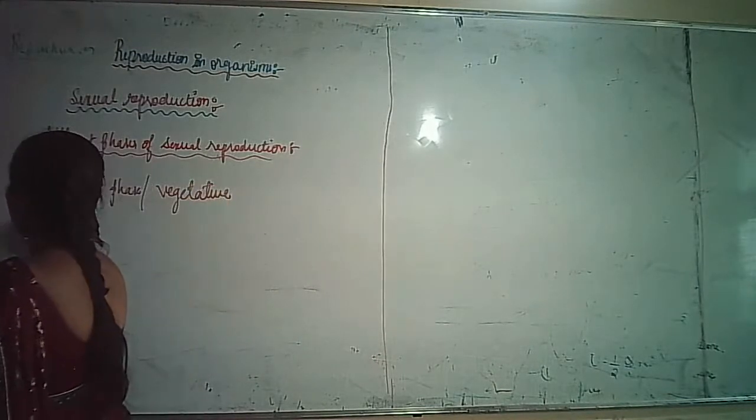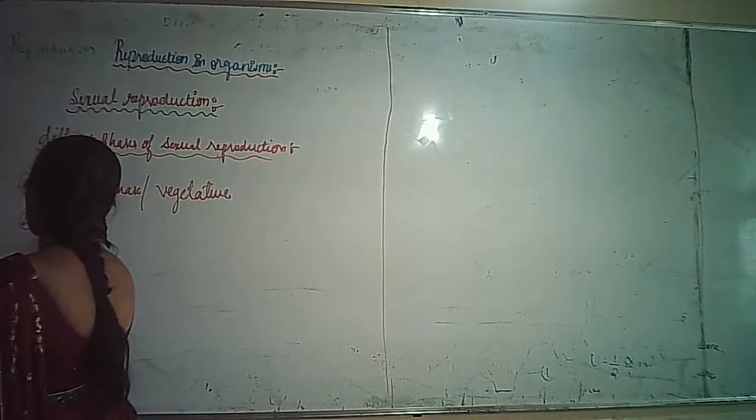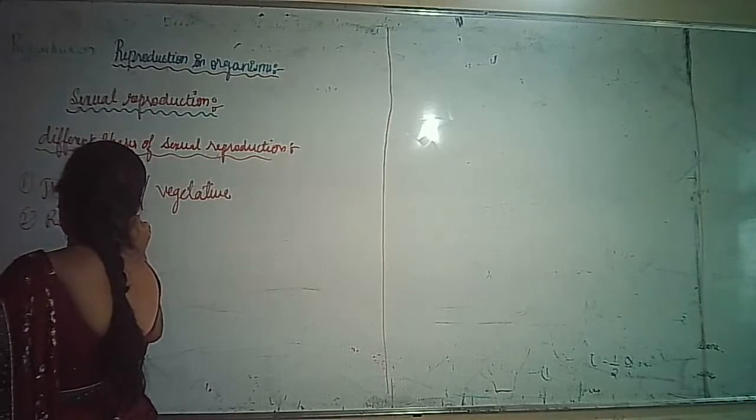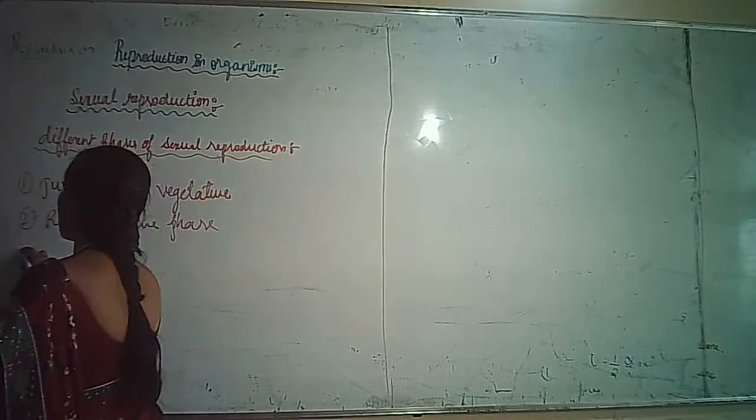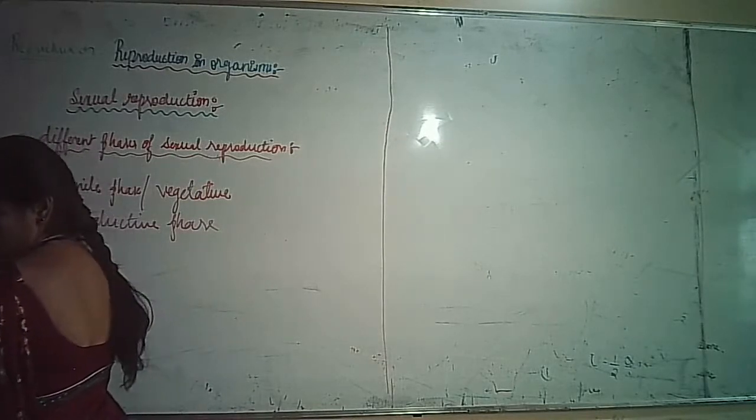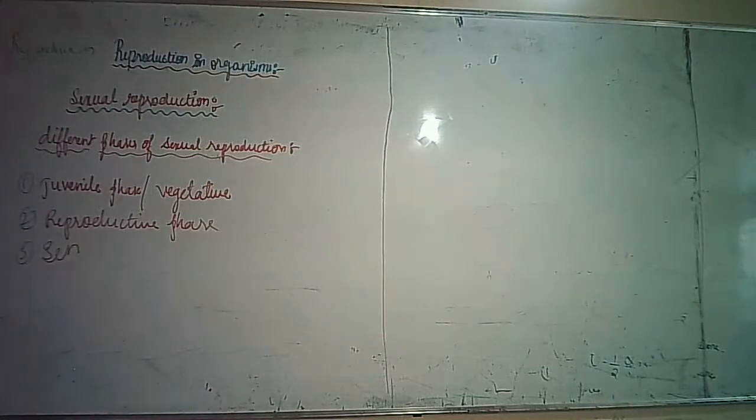I'll tell you what those are, okay? Then the reproductive phase, which is followed by the senescent phase. So there are different phases we are able to see here: juvenile, then reproductive, then senescent.